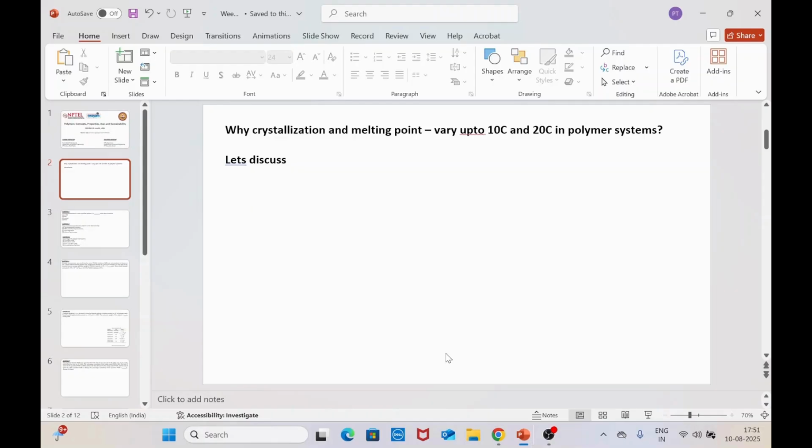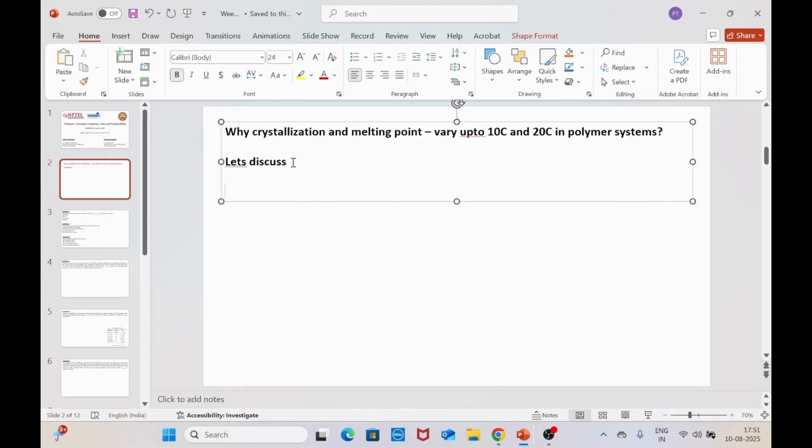For describing these kinds of interactions, we have three different models. One is the hard sphere, another one is the square well, and another one is the Lennard-Jones.